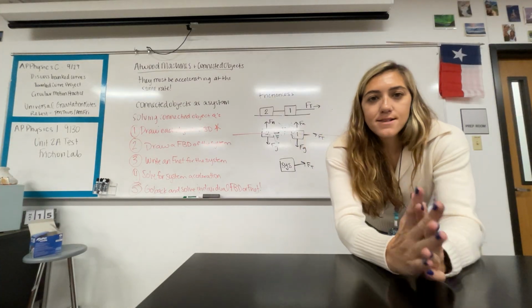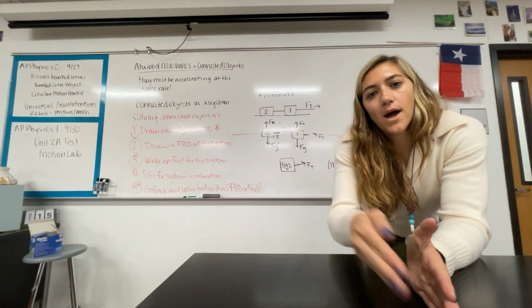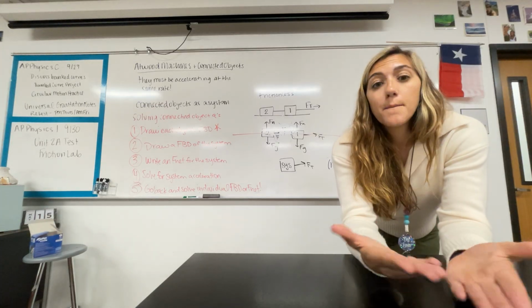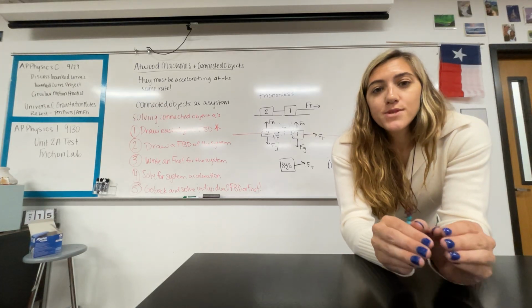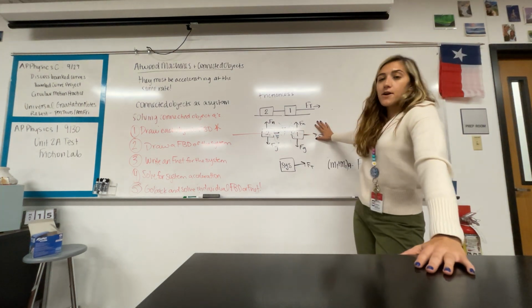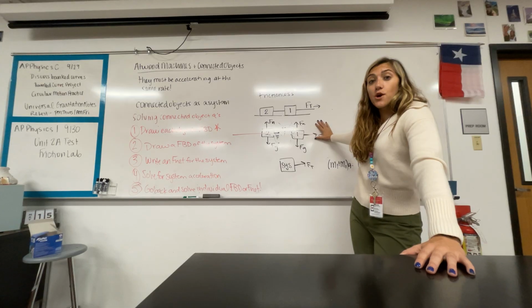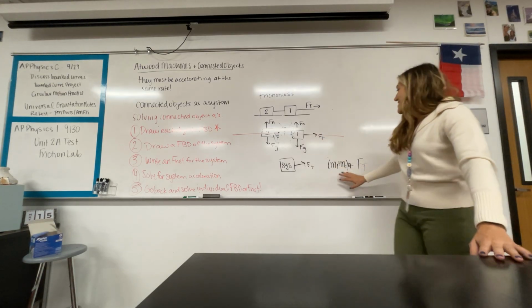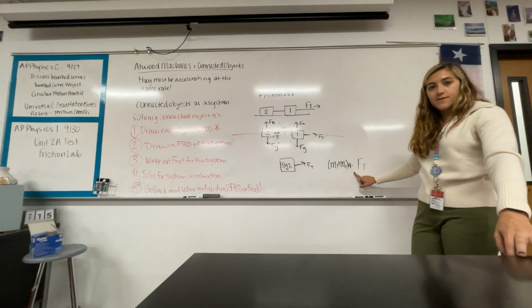Right? They're going to ask some specific question about one of the objects, most likely. Not all the time, but a lot of them. You still start by drawing both free body diagrams if needed, so that you can draw the system free body diagram and get the system acceleration.